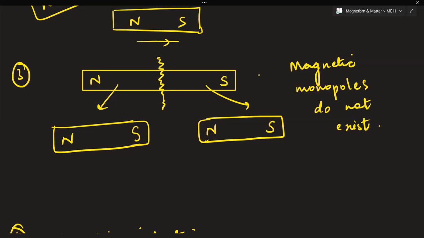Magnetic monopoles means a single pole, either north or south. In electric charges, you had monopoles and dipoles: plus charge and minus charge together, but monopoles did exist too.